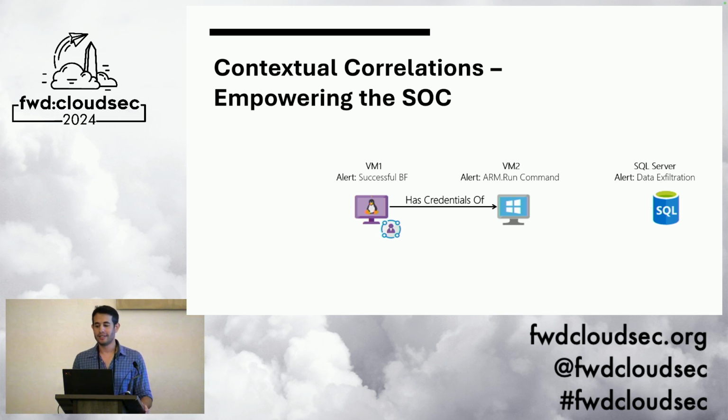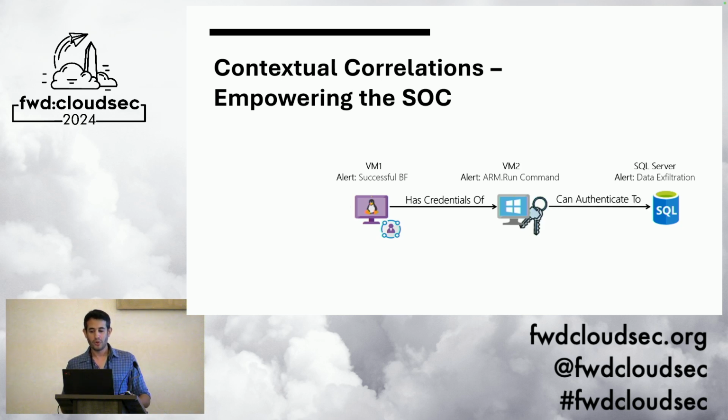Basically, compute extension is the Azure tool that allows an admin to execute code with local system privileges. And here we can see that the attacker who got access to VM1 was able to run code on VM2. And this is actually the alert that was triggered on VM2.